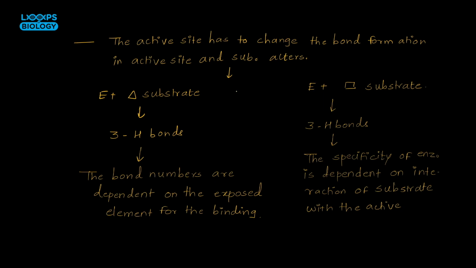However, suppose the enzyme is loaded with some square substrate and it is forming only 2 hydrogen bonds, then this substrate is not specific for that particular enzyme. So the complete activity of the induced fit model is based on how the substrate is interacting with the enzyme inside the active site. Got my point, guys?